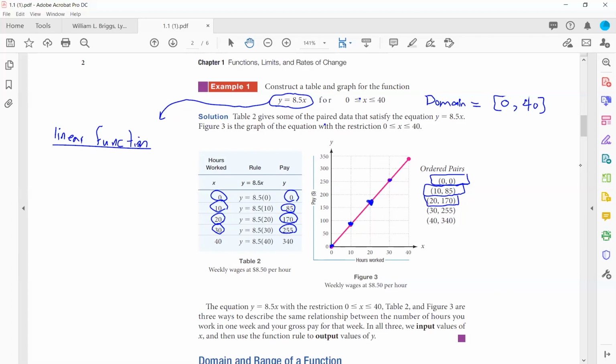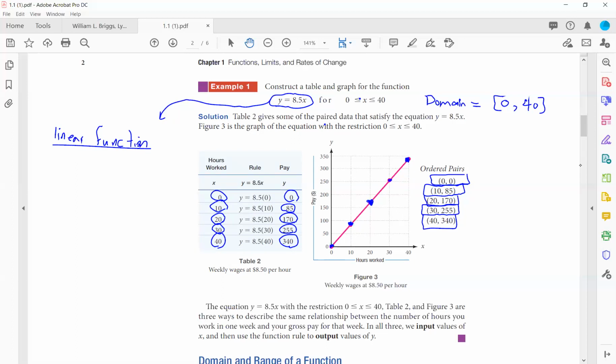You have to stop at 40. So let us plug in 40. y is 8.5 times 40, which is 340. So x is 40 and y is 340. Okay, we plug in this, we graph this point and the final point.